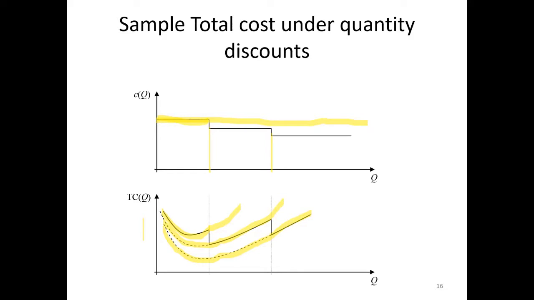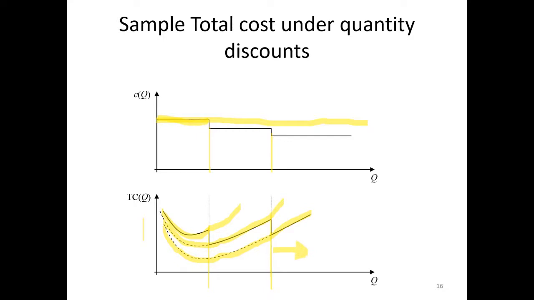But then, each of these three curves will be applicable only within a certain range of the values of Q. The first curve will be applicable only until we reach this value of Q. The second curve will be applicable only until we reach this value of Q. And the third curve will be applicable only for values of Q greater than the last value.